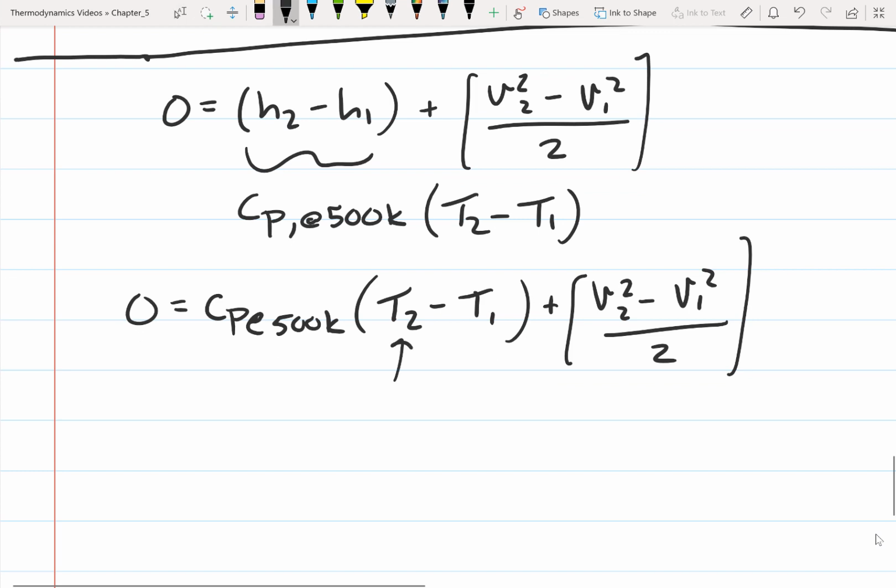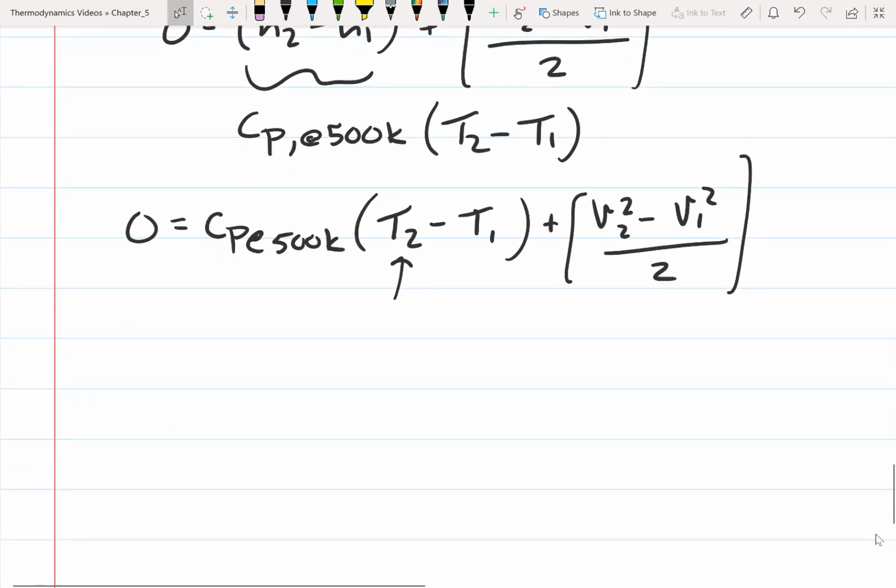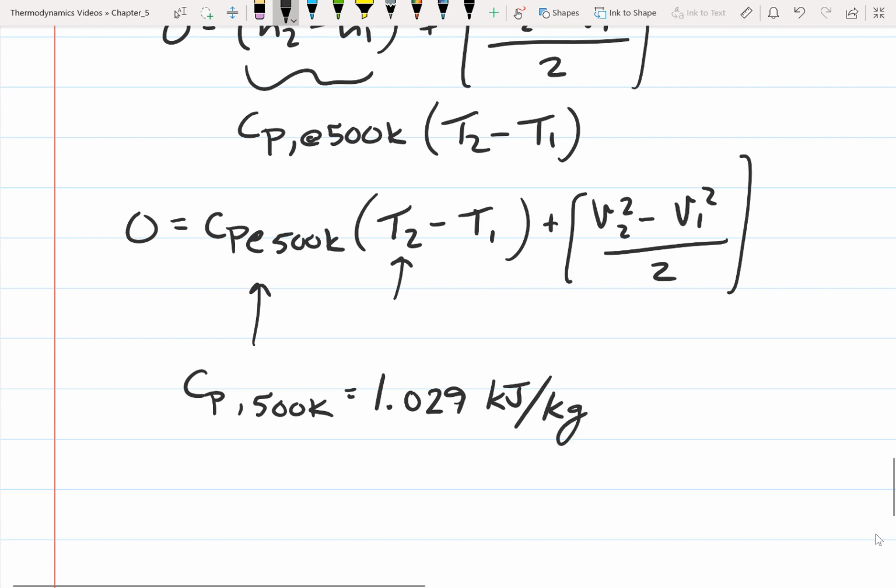I also need to look up the specific heat for air at 500 K. The specific heat for air at 500 Kelvin is equal to 1.029 kilojoules per kilogram Kelvin, and I just looked this up on table A-2. This is just something you'll look up, and this is for air.